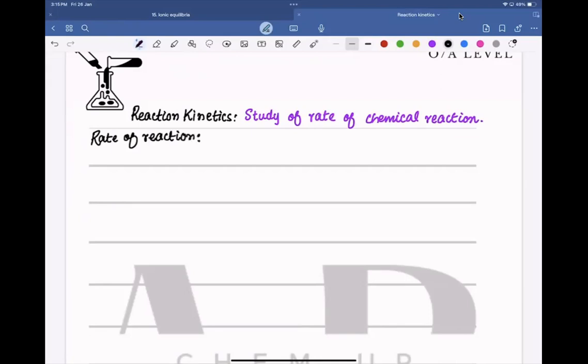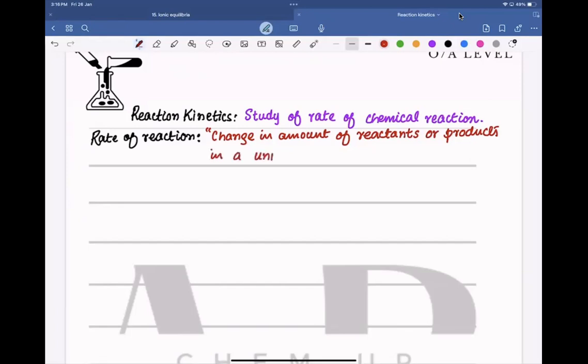Next, we have rate of reaction. So we can define it as a change in amount of reactants or products in a unit time.